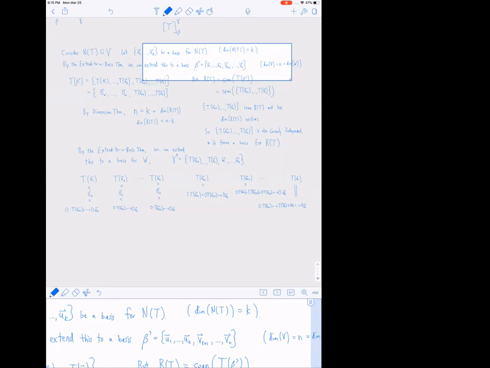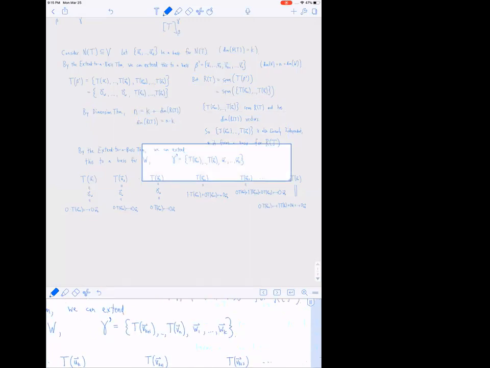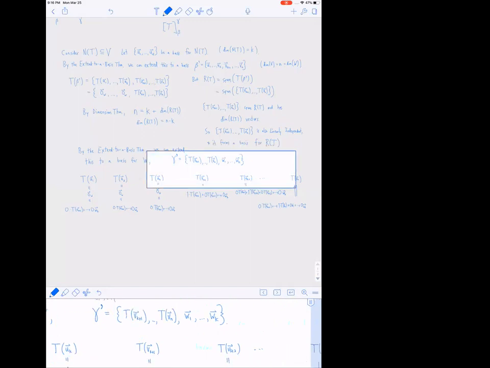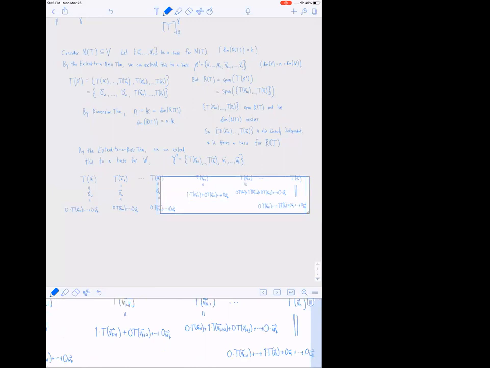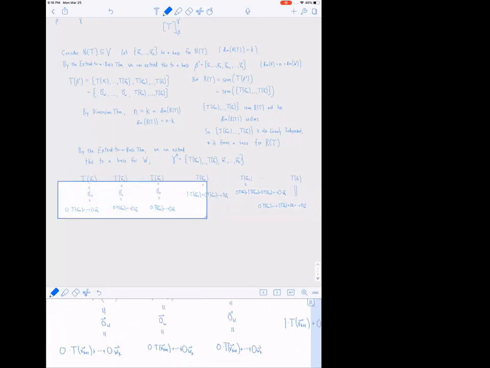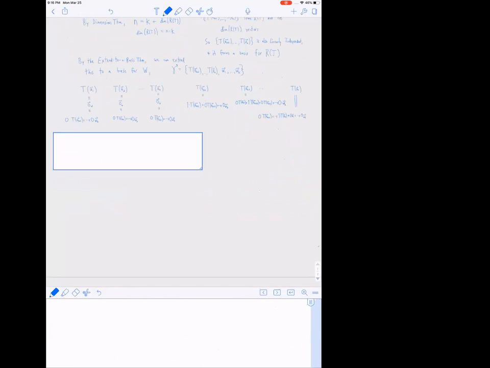But if we start with v_{k+1} up through v_n as the first n minus k vectors in our ordered basis, then use T of v_{k+1} up through T of v_n as the first n minus k vectors in our second ordered basis, we'll be in a position to write these as the first n minus k columns of our matrix. That will be perfectly diagonal, and then the remaining columns will be all zeros, which will still be diagonal. So let's fix that now.